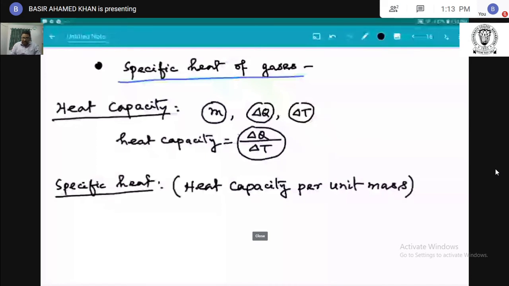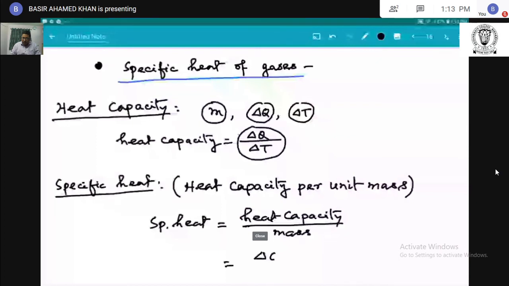That means specific heat, SP dot means specific heat, is heat capacity divided by mass. That means delta Q divided by m into delta T. This is the specific heat.